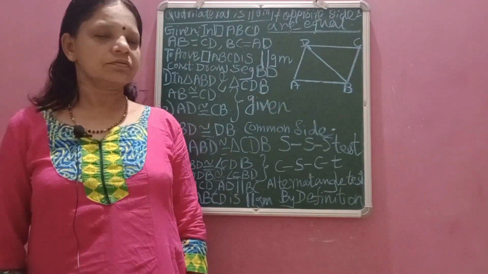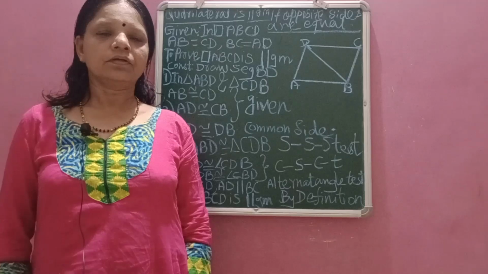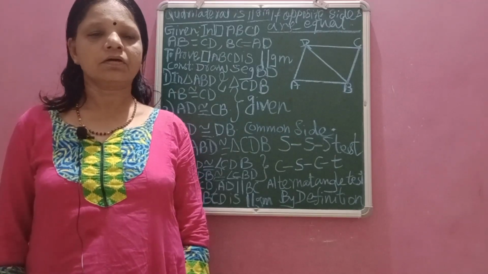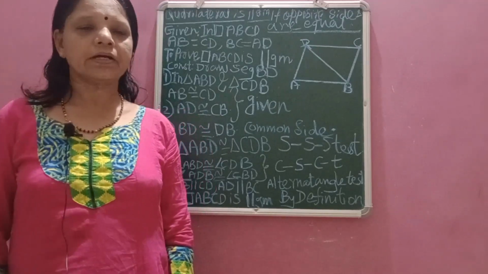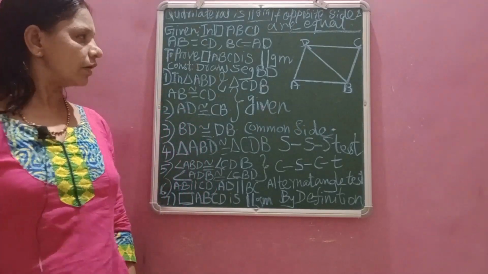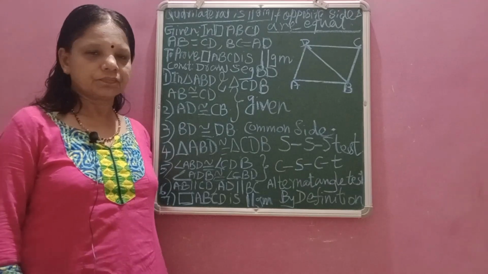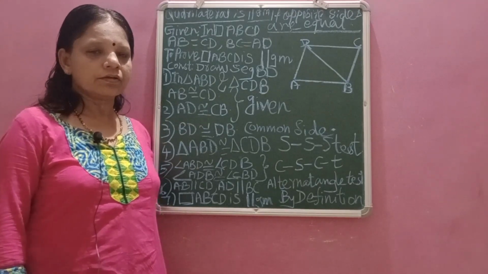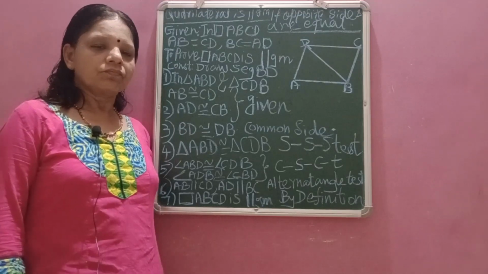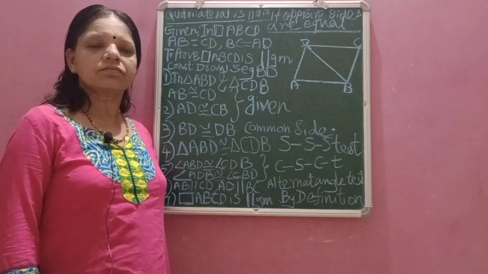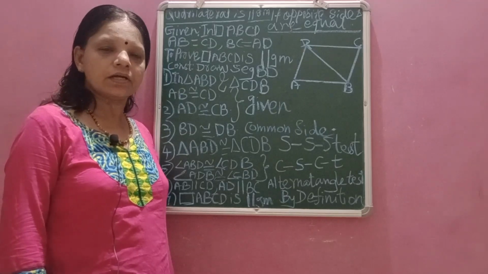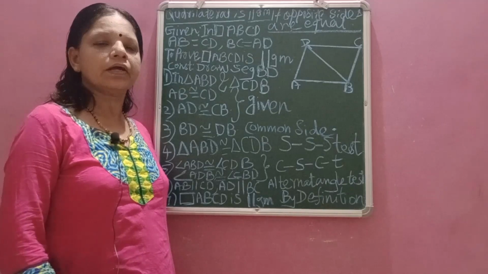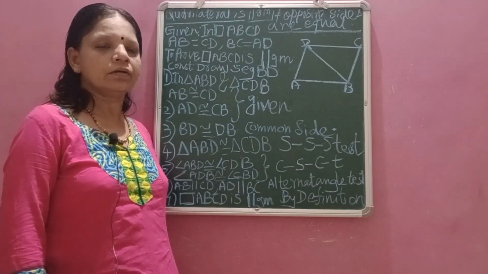This is the converse of the theorem that you learned in the last class, the property of parallelogram: opposite sides are congruent. Here you have to prove the converse of that, that is, when opposite sides of a quadrilateral are congruent, then that quadrilateral is a parallelogram.